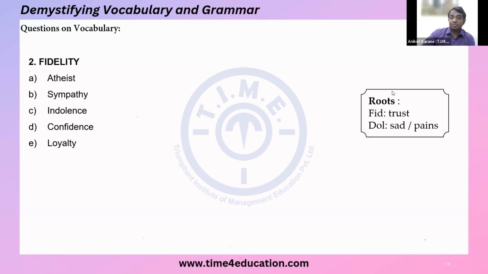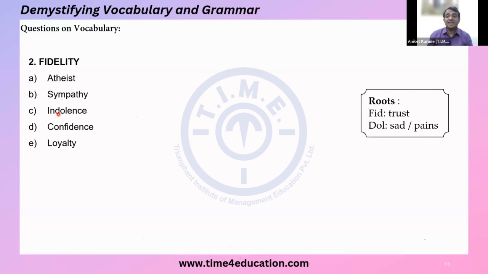I've also given the root dole here. Why did I give you dole? Because of the word indolence. Dole in this case has a different meaning, that is pains, and not sadness, because in condolence, dole is sadness. When you go to do condolence for someone, it is sadness. Yes, very true.